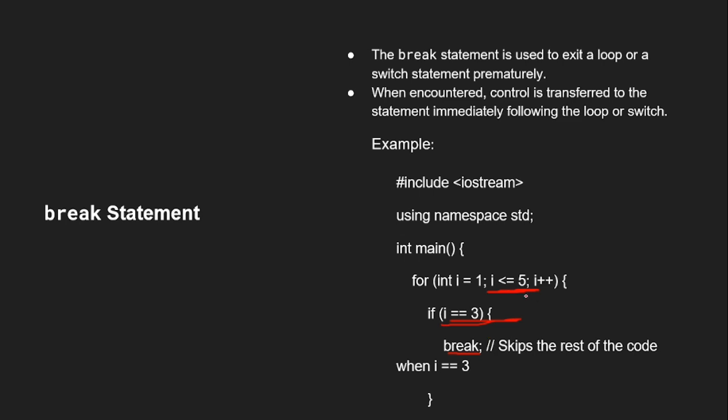The coming numbers will not be printed on the screen because it will stop the loop when it reaches 3. That's why we use a break statement to stop the number of iterations at a particular point. When it reaches 3, it moves inside the if statement, and the break keyword stops the loop.